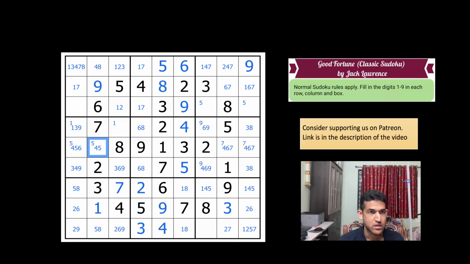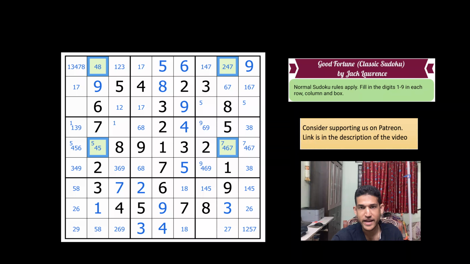Yeah. Okay, so look at this, guys. There is an X-wing on four. So to remind you guys again, we saw a swordfish at the start, then we spotted a two-string kite, and then now we are seeing an X-wing on four. So in column 2 and column 8, four can go only in these two cells.